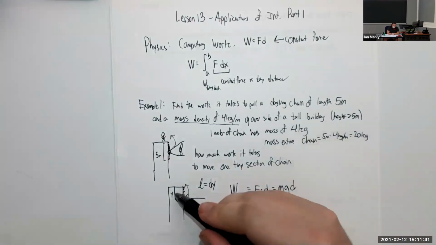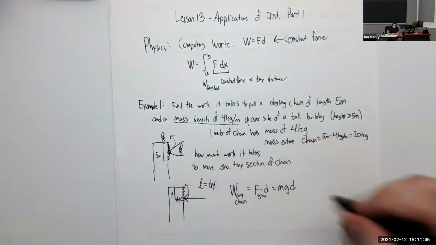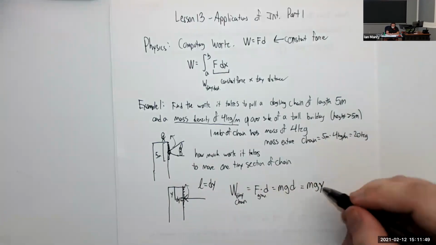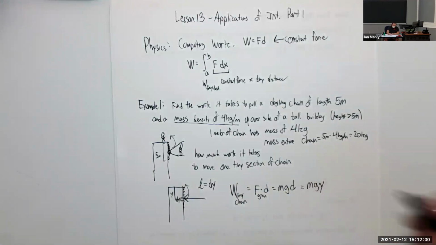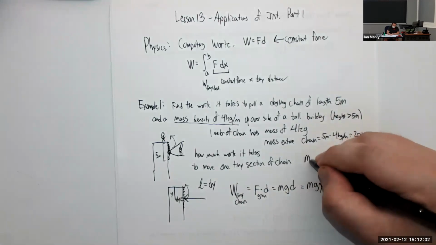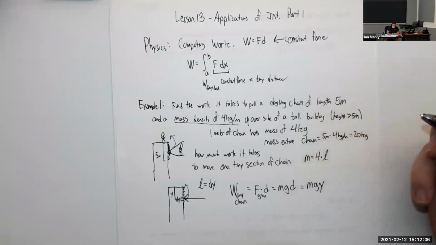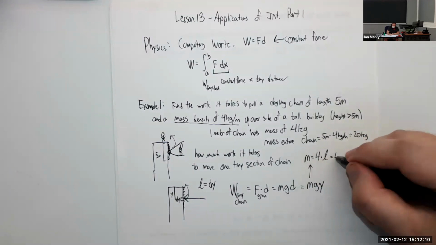Now we said this variable y is the distance we need to move the chain up to the top. So this is mgy. Okay, now g is a constant, y is a variable we can integrate with respect to. The thing we can maybe get a little bit more specific about is the mass. So remember, the mass is the mass density, which was 4, times the length of the chain, right? But what was the length of the chain?